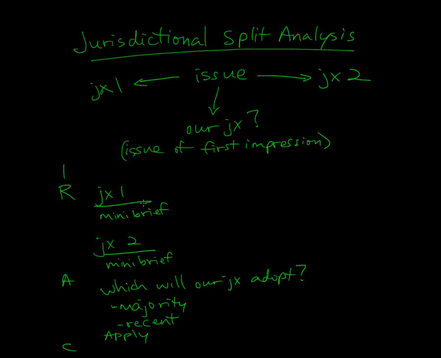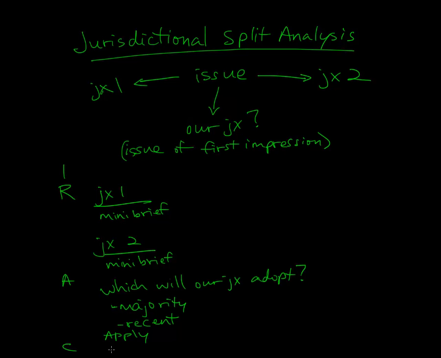That way, your reader is able to understand the whole story. She knows what the different possibilities are and the various reasons for why a court in our jurisdiction might choose one possibility over another. And then you'll do a regular analysis applying the rule that you think will be adopted, and you give a conclusion.